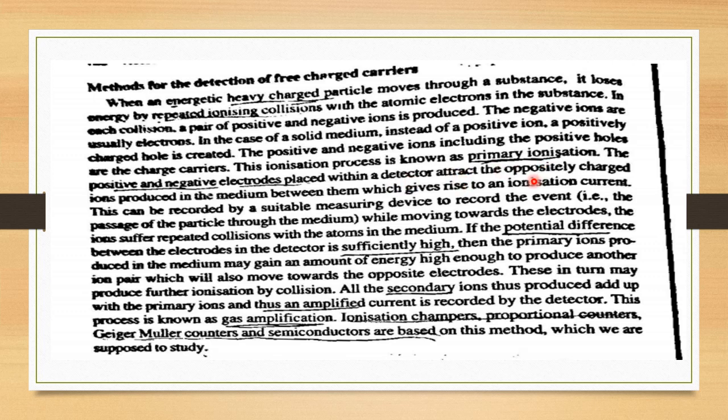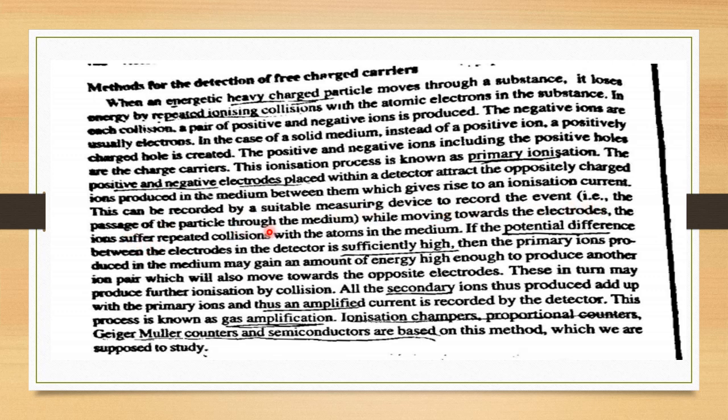They attract the oppositely charged ions produced in the medium between them, which gives rise to an ionization current. This can be recorded by a suitable measuring device to record the event.